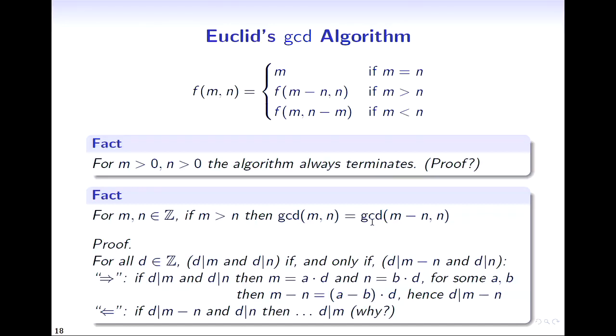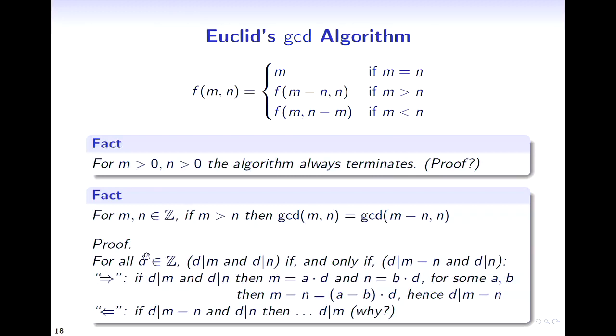So it makes a claim that basically every single step that I'm taking is justified by the fact that I'm computing exactly the same number. So if I subtract the smaller number, in this case n, from the larger number m, then the greatest common divisor is always the same. How can we ensure that this is the case? This is what this proof here says.